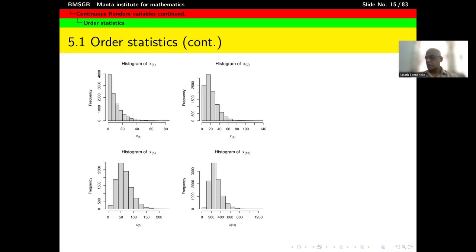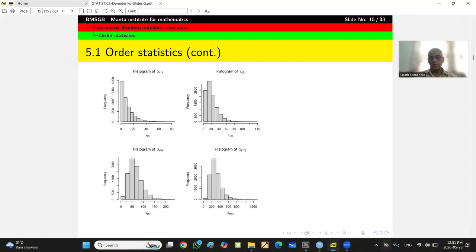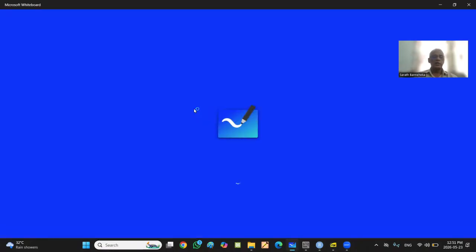Notice the shape of the original distribution is a very positively skewed distribution. So that actually has roughly the same shape as the first order statistic.